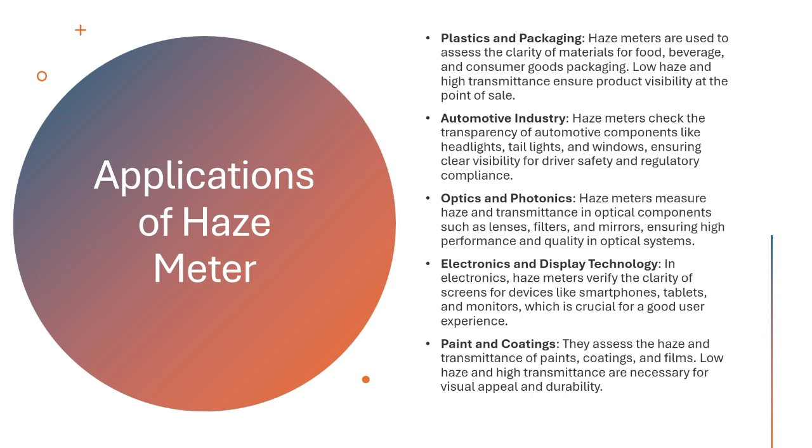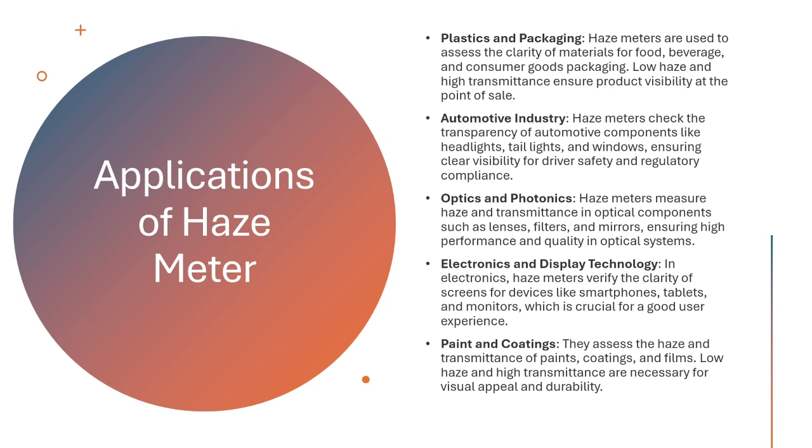So these are the main industrial and practical applications of the haze meter. The first is plastic and packaging. The haze meter is mainly used for assessing the clarity of food bags and consumer goods packaging. Low haze and high transmittance ensure product visibility at the point of sale.